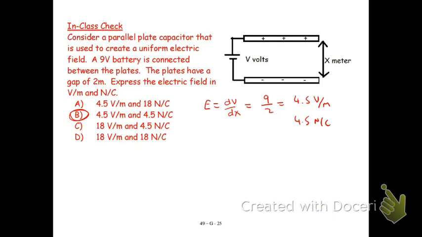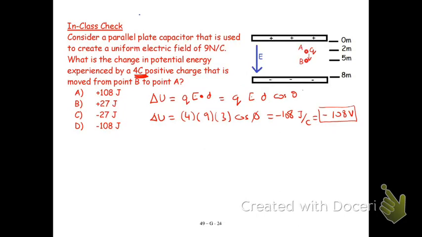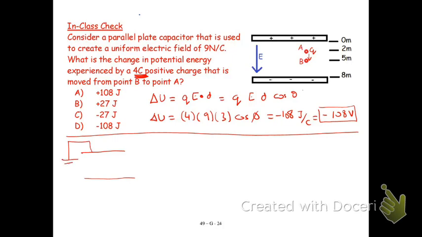But can you imagine I can put this together? Let's do another example here. So now I have plates. I'm going to put 12 volts, and I'm going to say that this is 8 meters.